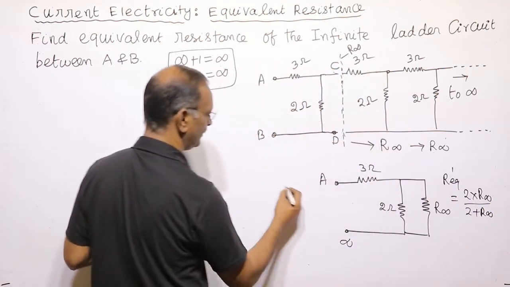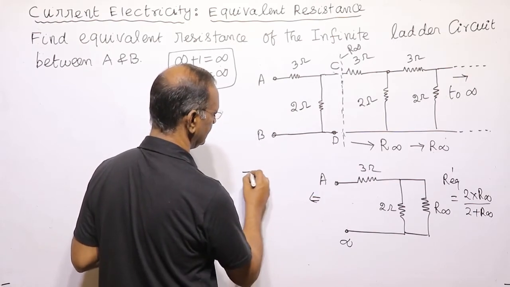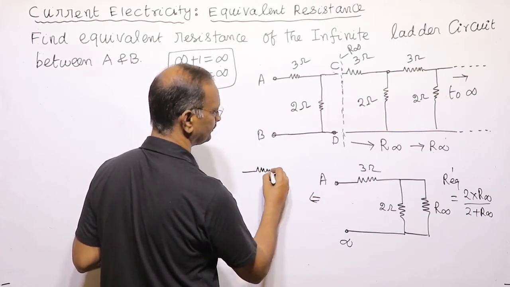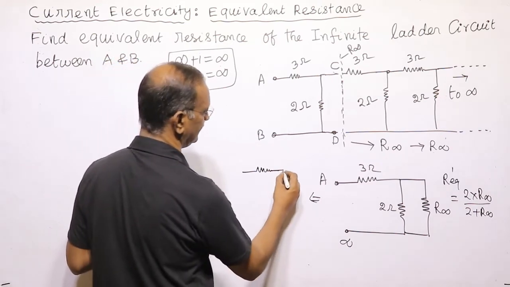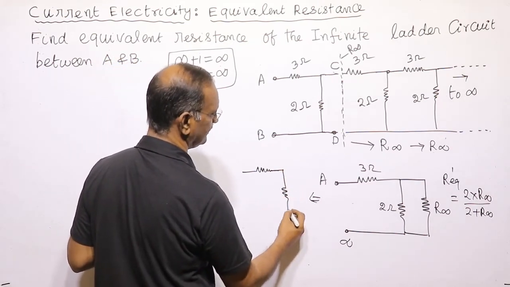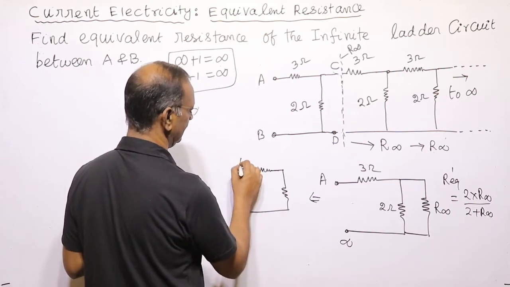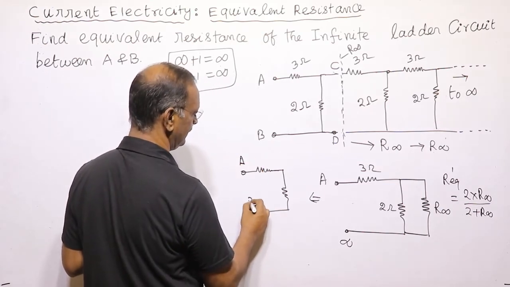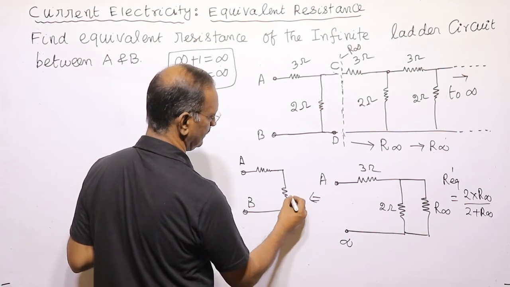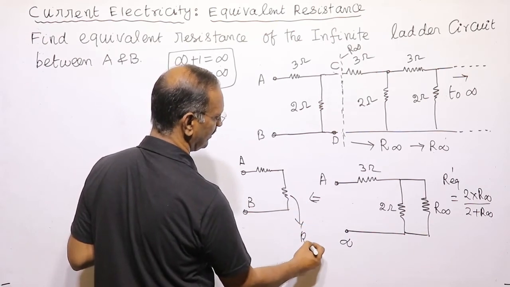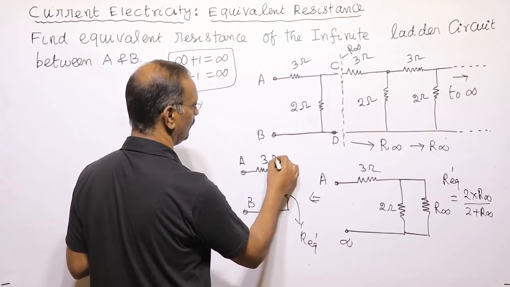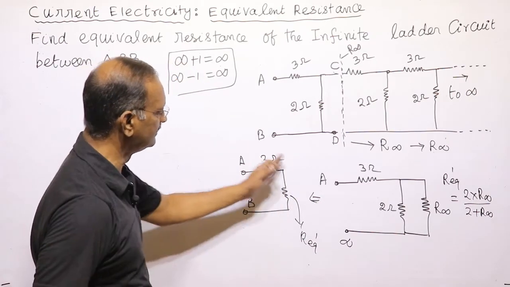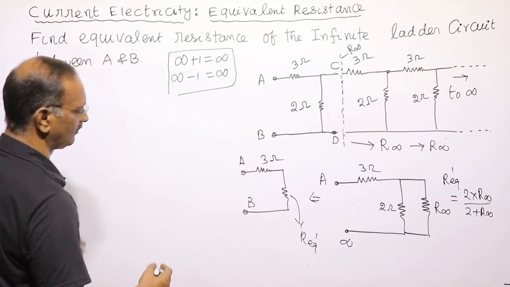Now the circuit is reduced like this: 3 ohm in series with R equivalent dash, between A and B. Now it is easy, since it is in series, we can easily calculate.